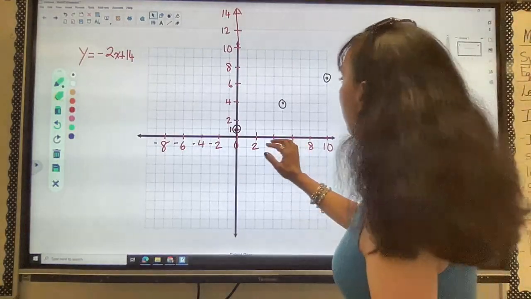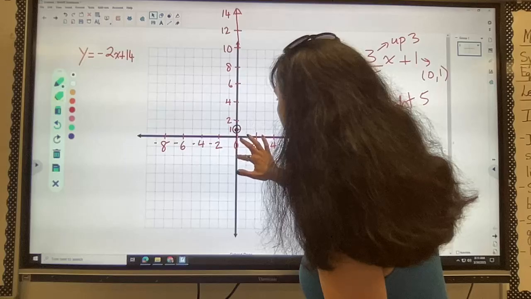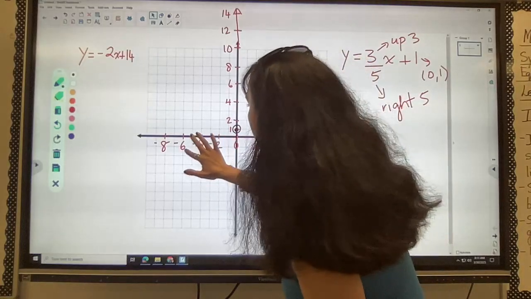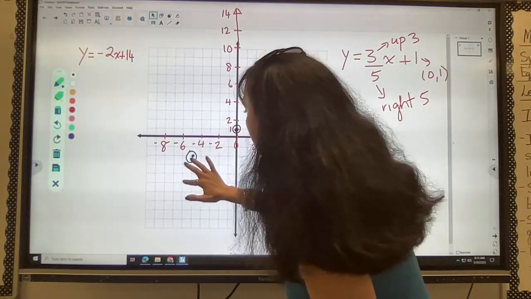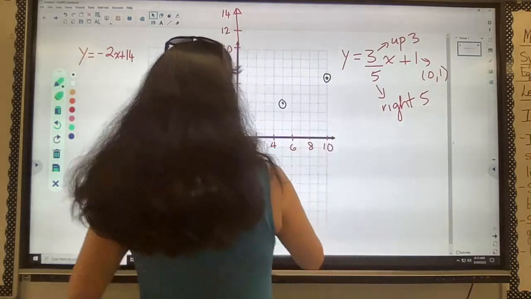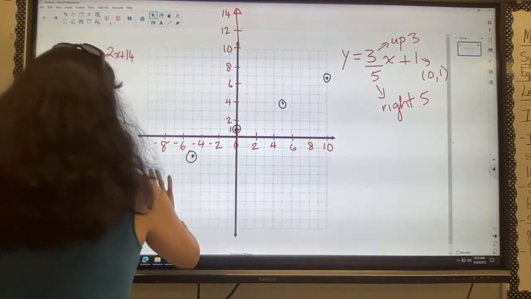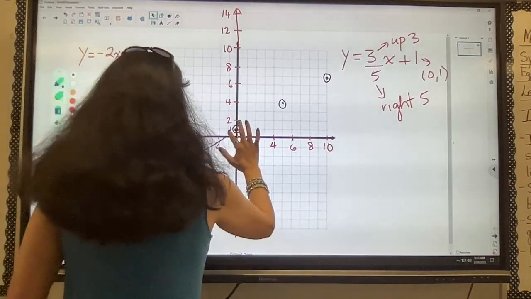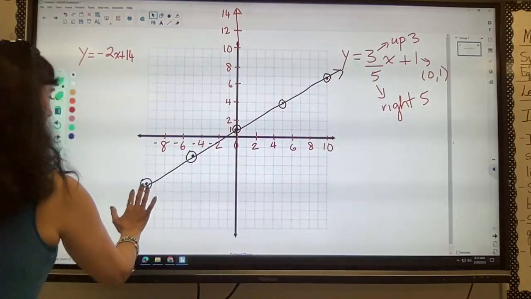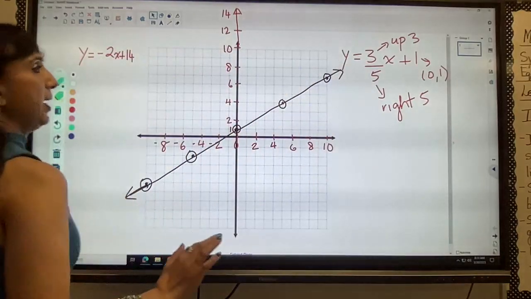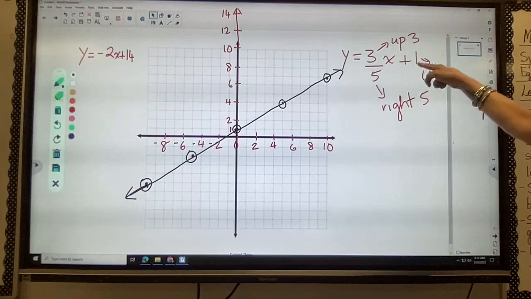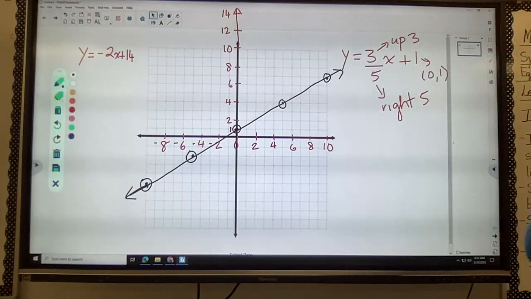And here we go, up 3, right 5. All right, so here is my line, which is y is equal to 3/5 x plus 1.